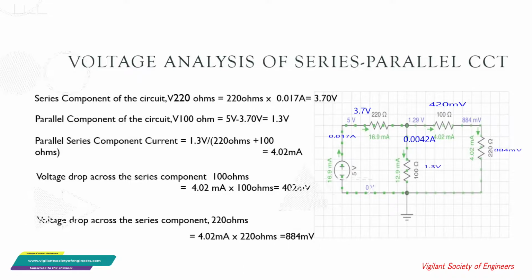So that would have been roughly 1.3. That 1.3 volt differential is going to be constant across the 100 ohm and the 220 ohm branches. So the two resistors on the right side, the 100 ohms and the 220 ohms, will see the same voltage as the branch where the 100 ohms is.